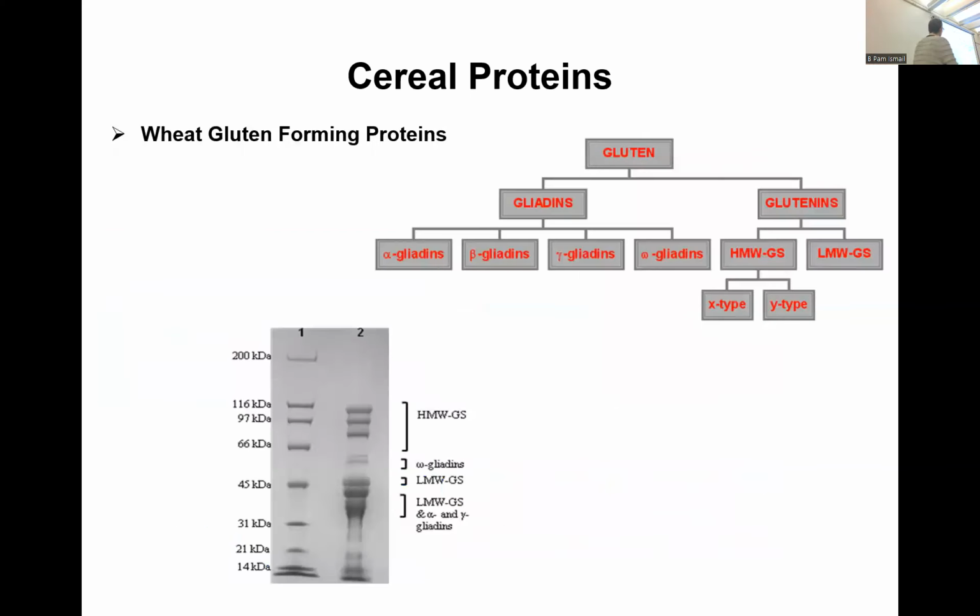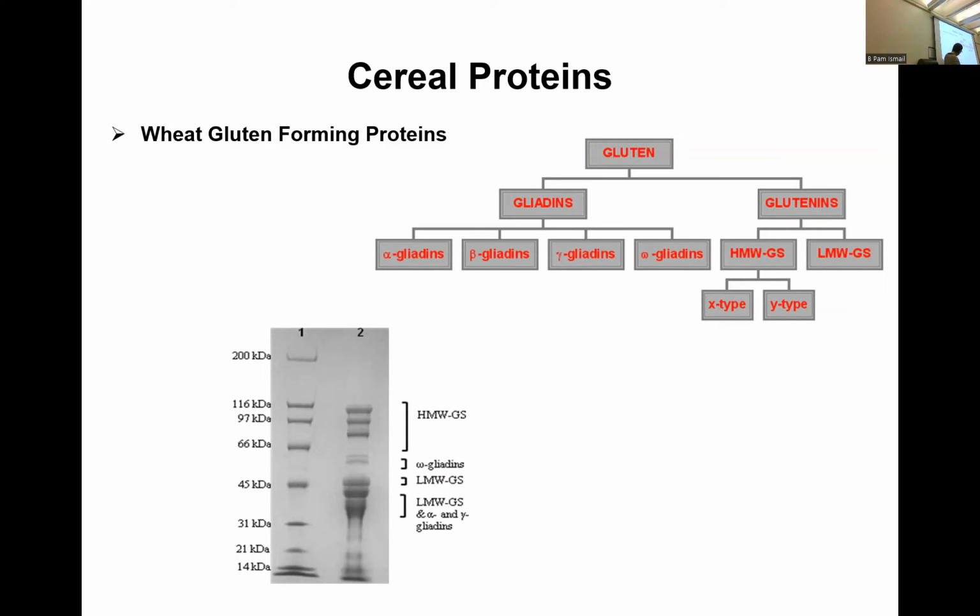This is typically what you see when you run your gluten proteins on a gel. You usually run under reducing conditions because your high molecular weight glutenins will not migrate through the gel unless you reduce them. So we always run under reducing conditions. That answers Coleman's question from earlier. These are the three different high molecular weight glutenins that we normally see.